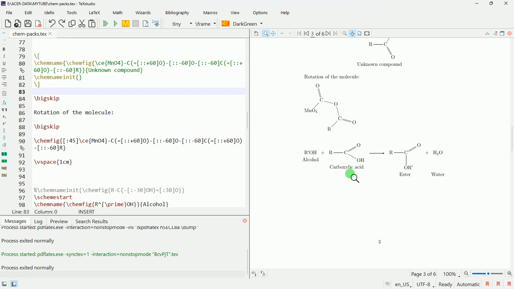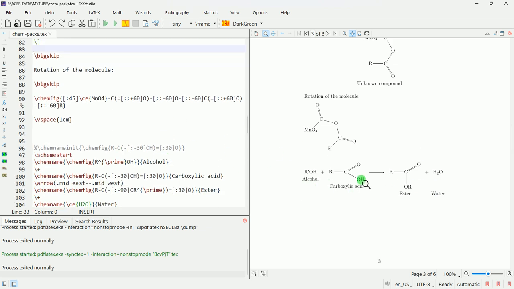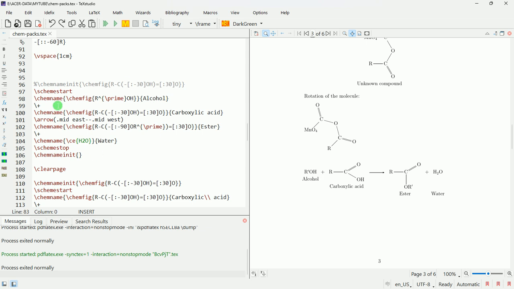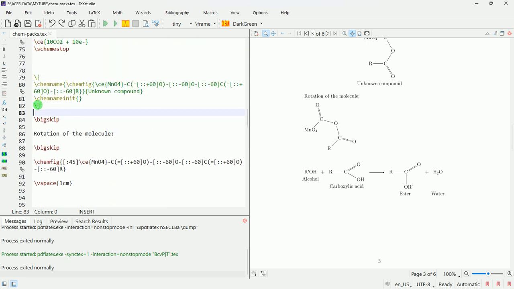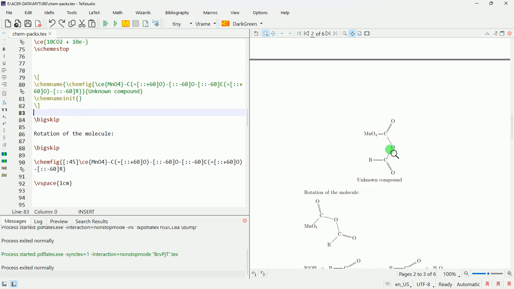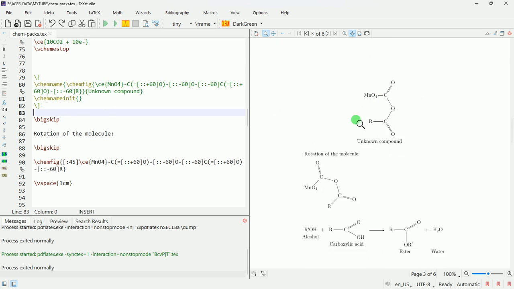Now comes this compound, this one. Before, this one is written like this. Now here comes the necessity of writing this chemname init for this particular molecule. As I said, after writing chemname, you have to write chemname init, you have to reset the level of chemname. Suppose you don't write it, let me comment it out.